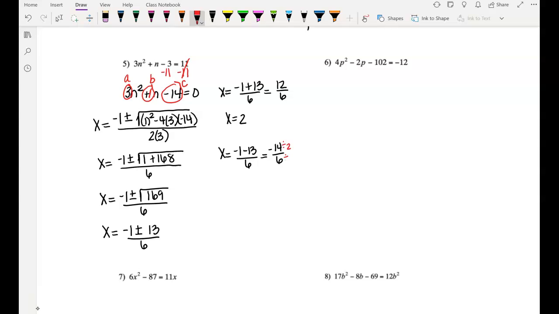They are both divisible by 2. So x equals negative 7/3. So my solution set is 2 and negative 7/3. Those are the 2 points in which that function will cross the x-axis.